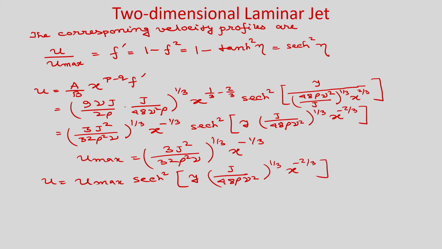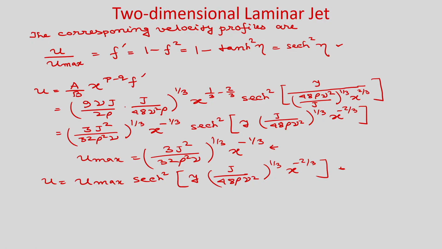This is nothing but sech square eta, and from this equation you can see that u is equal to u max sech square eta, and the u max expression is this. Now let us find the width of the jet.